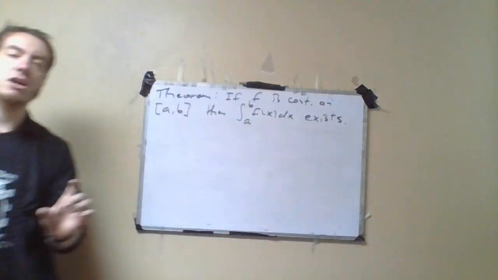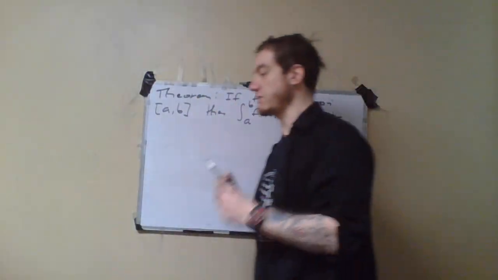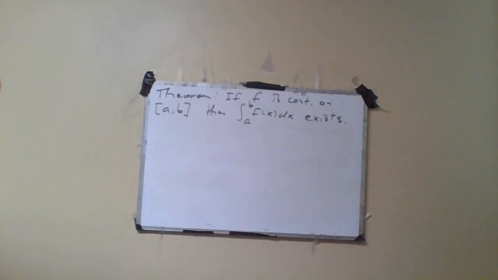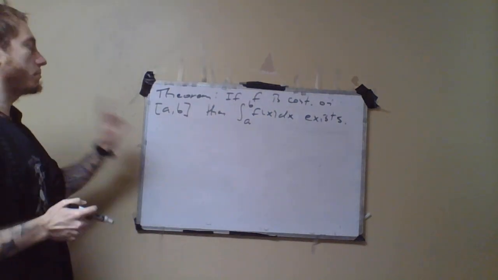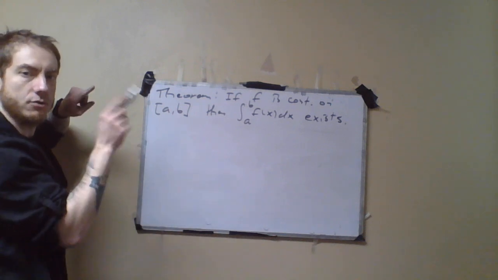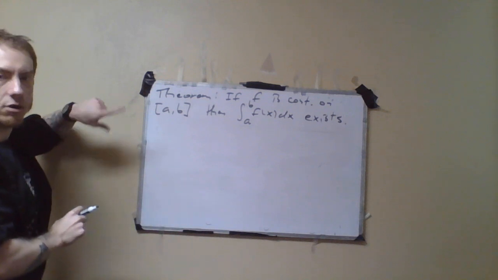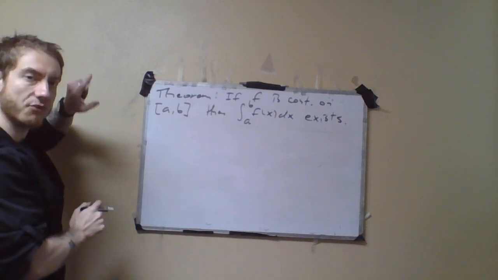In other words, the limit of the Riemann sums exists, and the limit is independent of the choices involved. So how are we going to prove that this is true? By the way, it is really important that this is a closed interval. Closed interval is key. If this is not a closed interval, this no longer applies, okay? So be careful about that.